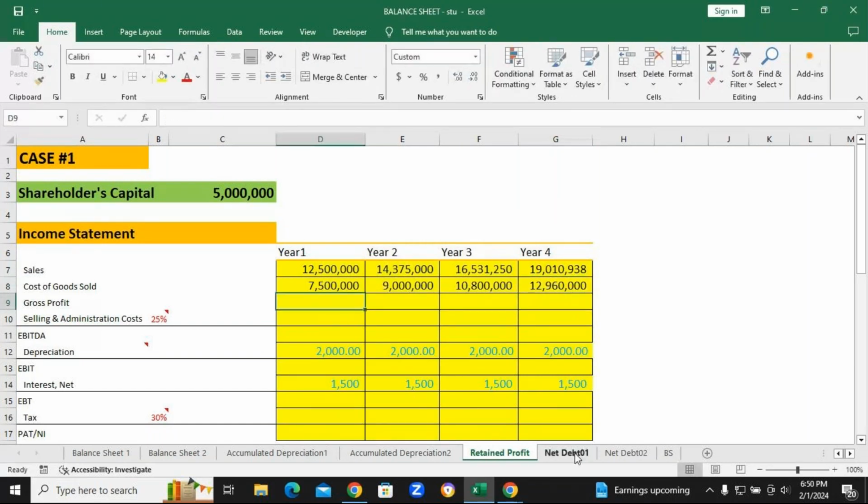So now it is equals sales minus COGS. I'll just come here and drag the same. So I've got my gross profit.